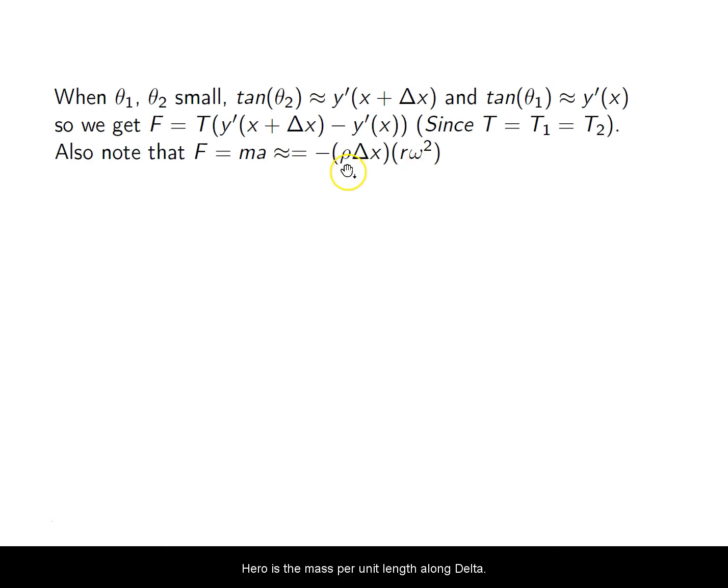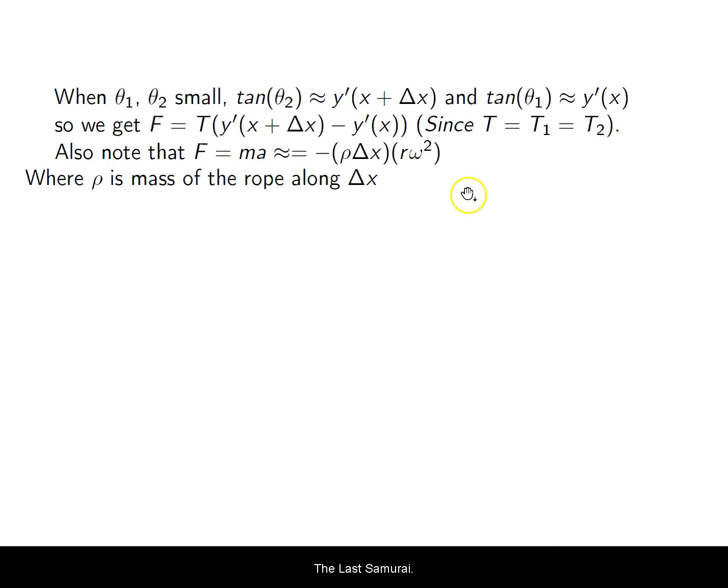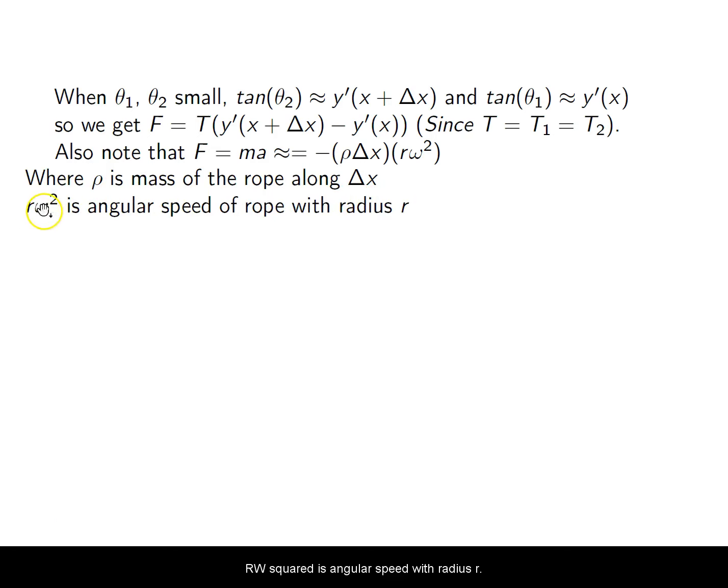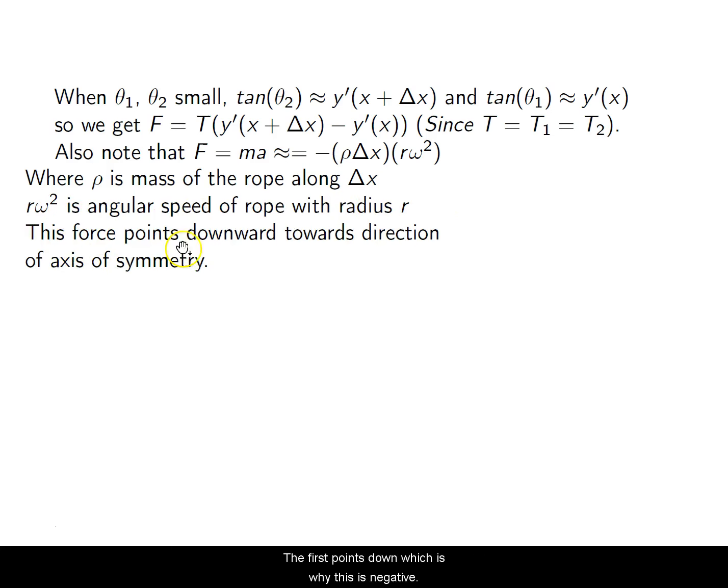Here rho is the mass per unit length along delta x, the radius r is the distance up, and omega squared is the angular speed. So, to summarize, rho is the mass of the rope, r omega squared is the acceleration at radius r, and the force points down, which is why this is negative.